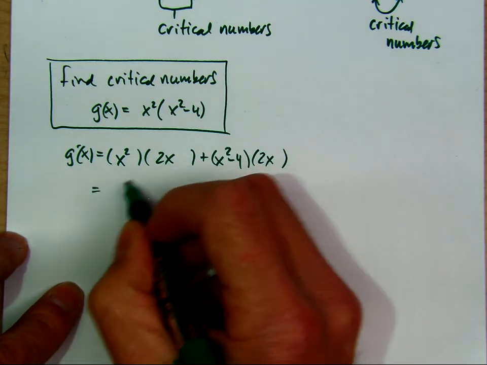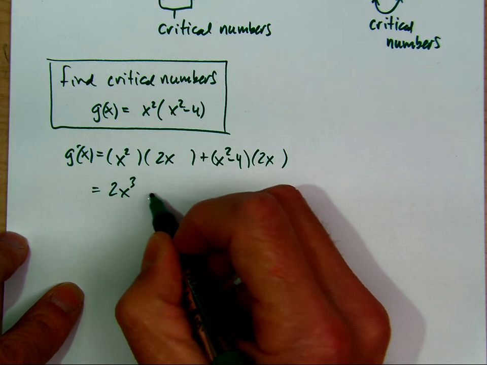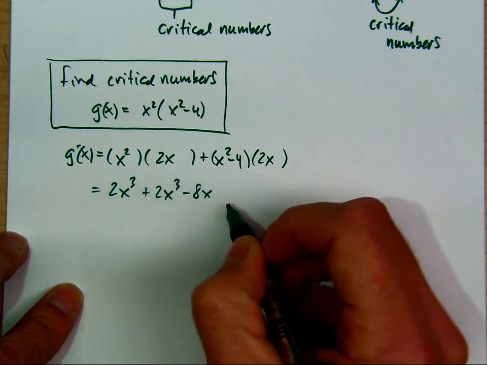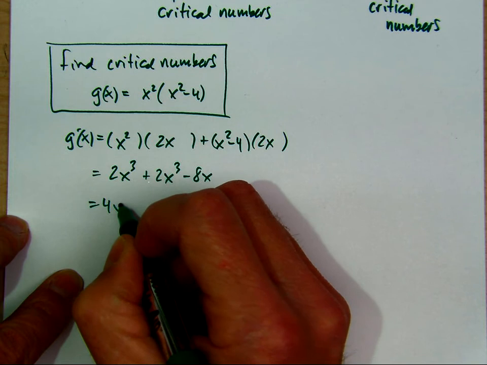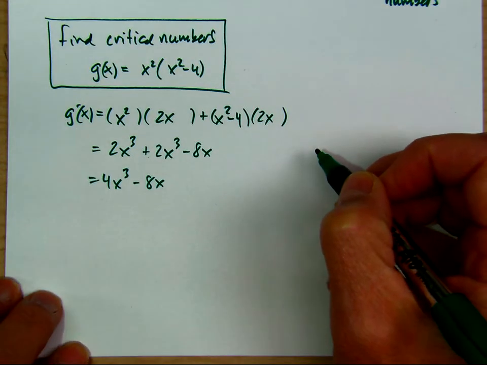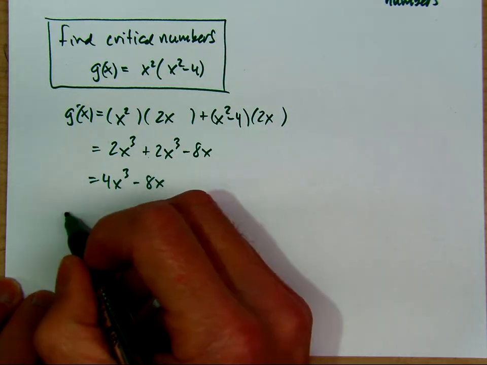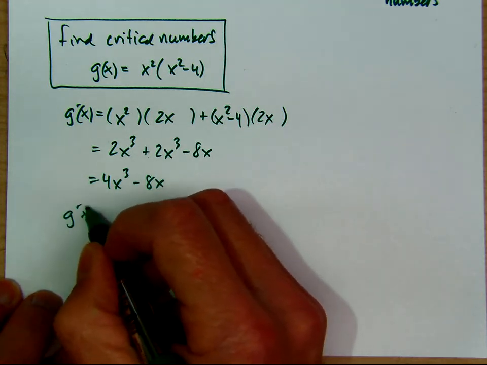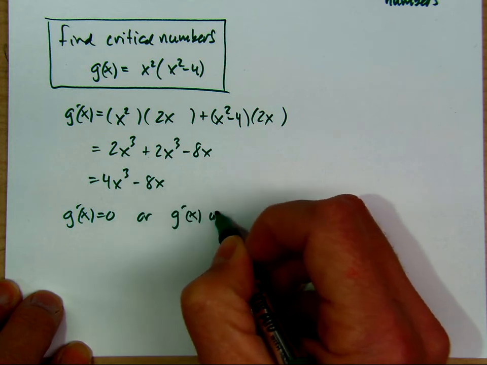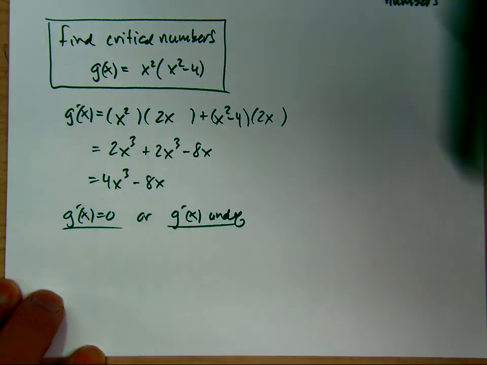And if we distribute 2x cubed, we want to know when g prime is 0 or g prime is undefined. That's where critical numbers can occur.